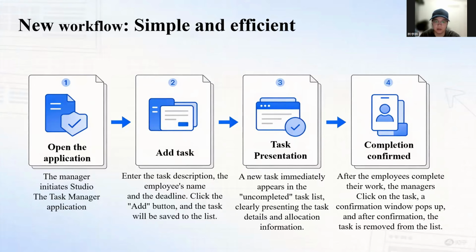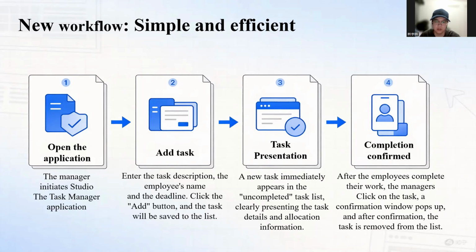With my app, the new workflow is very simple. The first is the manager opens the app. Second, the manager enters the task description and the employee's name and the deadline. Then clicks the add. Third, the task appears in the list of the unfinished tasks.